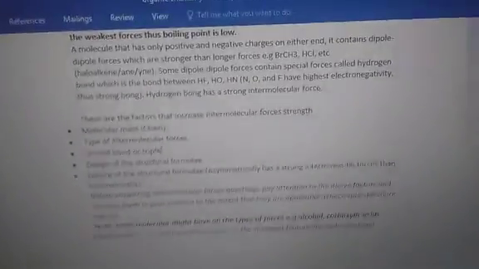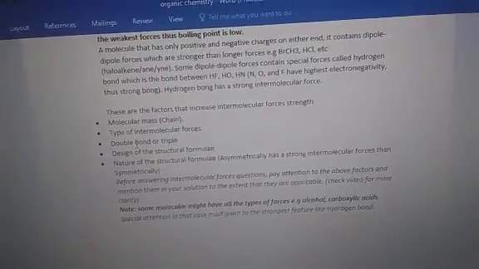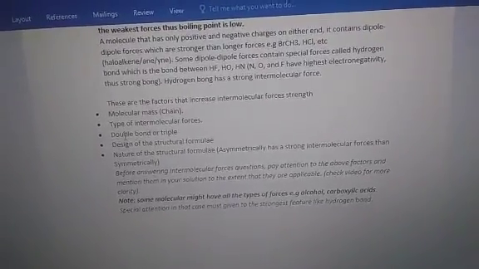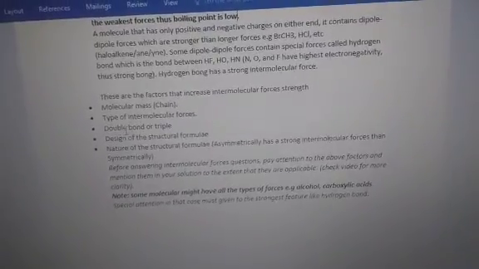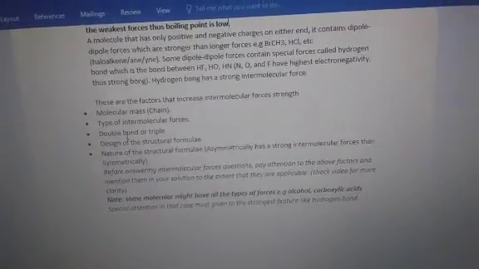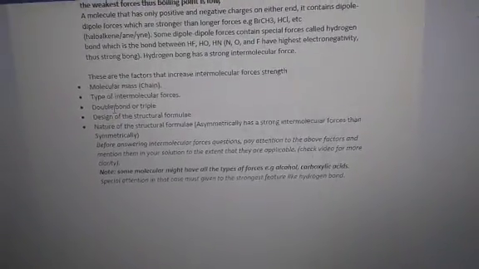Thirdly would be double bond or triple bond. If we are comparing butane and butene, butane has no double bond, but butene has one. That means the one with the double bond will have stronger intermolecular forces. Same with the one with a triple bond as compared with the one without.